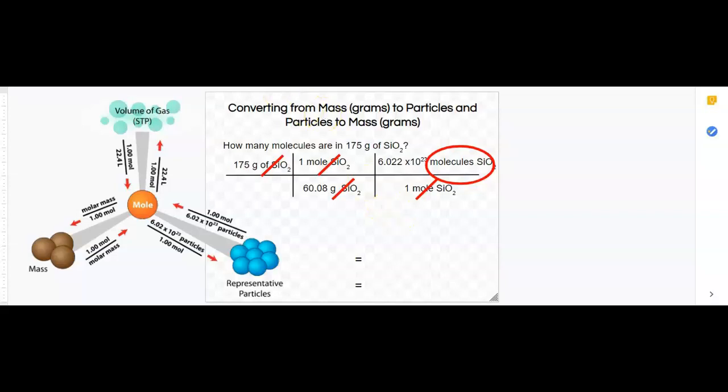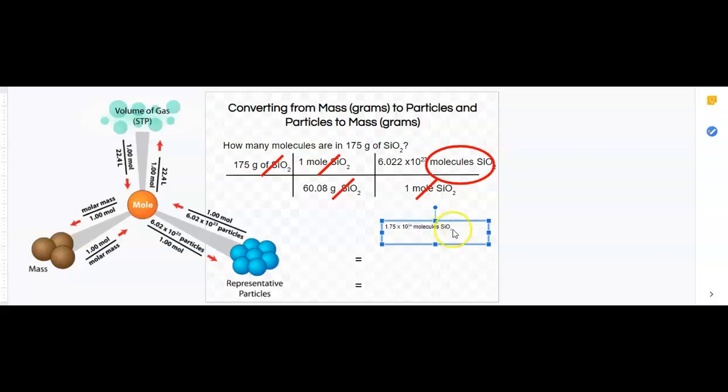So my answer is 1.75 times 10 to the 24th molecules of SiO2. That is the first example from Google Slides.